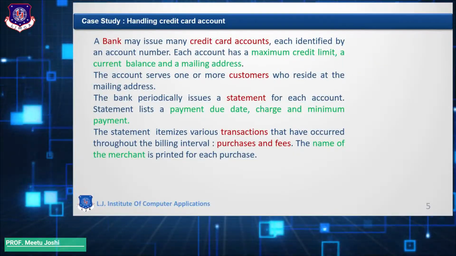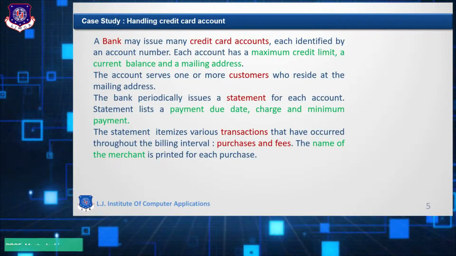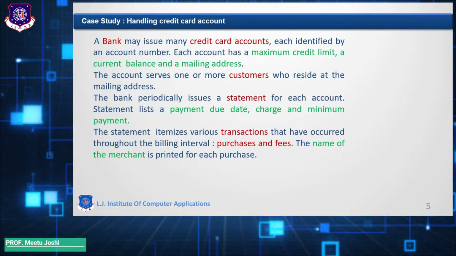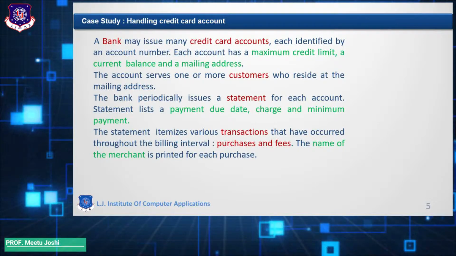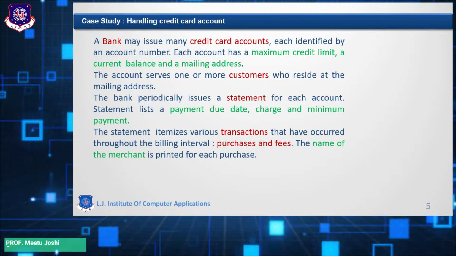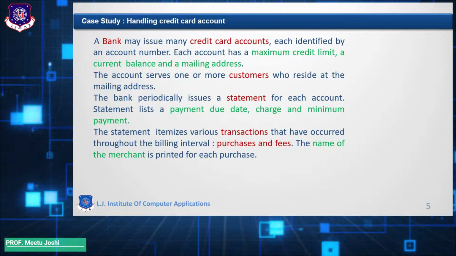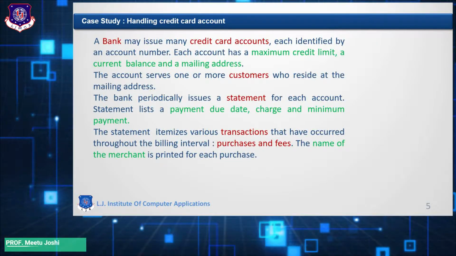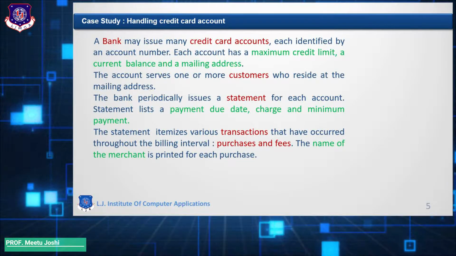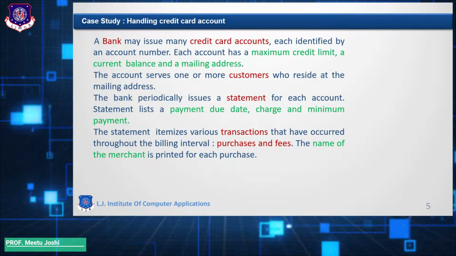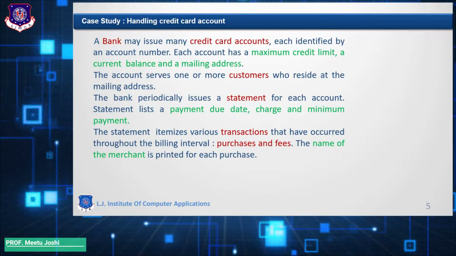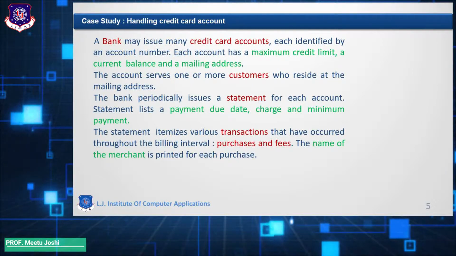In this example, I have marked the real-world entities, or classes, in red. See here, bank is one class. Another class is credit card account. Next is customers. Next is statement. Another one is transactions. And next are purchases and fees.